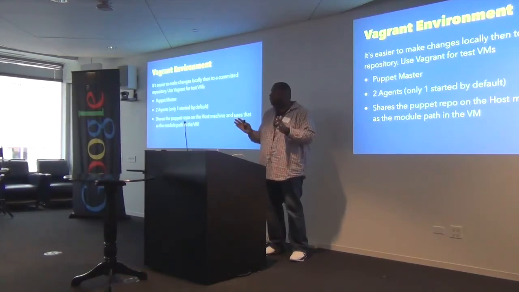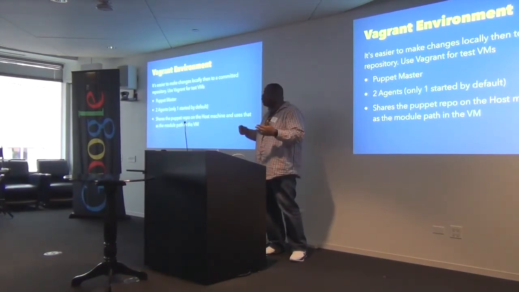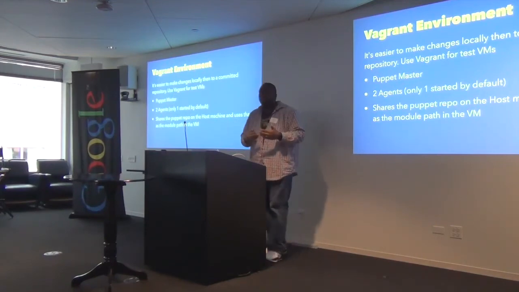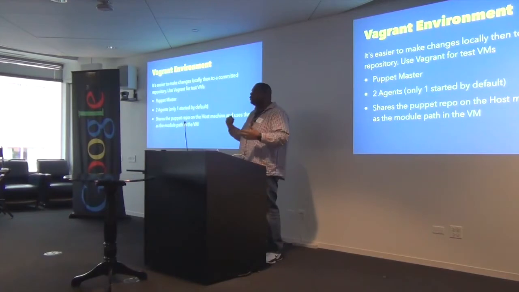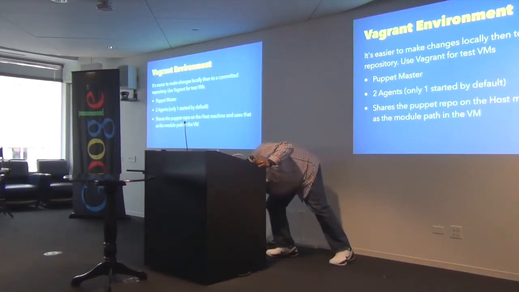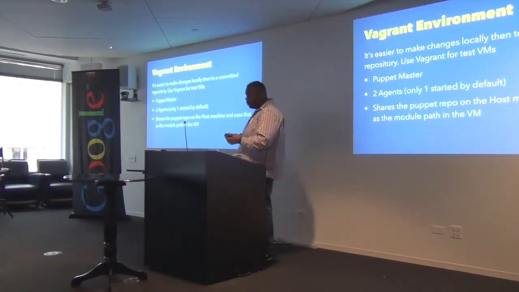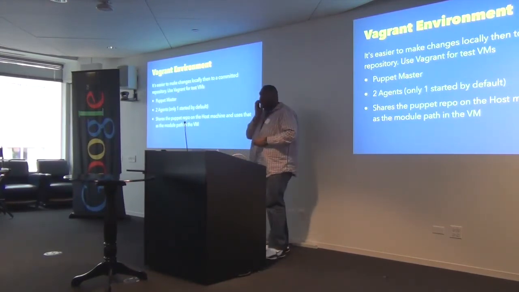And when you provision it, it creates the Puppet master, installs it fresh, wires an agent up to that Puppet master so that when it's done, you have an agent that's already registered with the Puppet master and is ready to receive code. It really, really cuts down on the amount of issues that we run into when we actually get into the pre-prod environment, because you can do a lot of this testing locally.